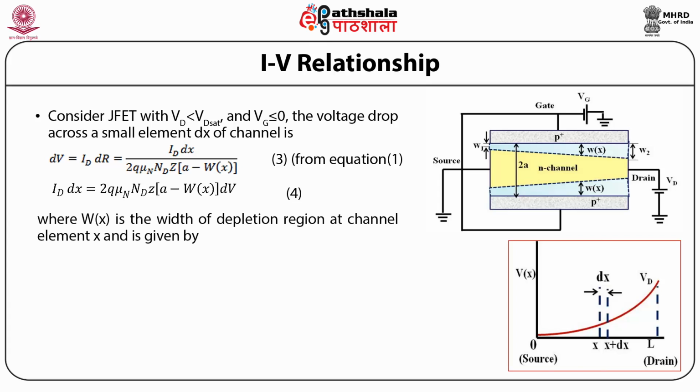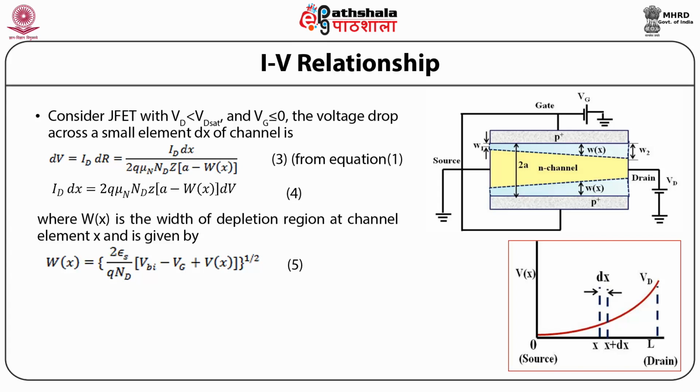Now here Wx is the width of the depletion region, as shown in the above figure, at the channel element x, and it is given by Wx equal to 2 epsilon s by q nd multiplied by Vbi minus Vg plus Vx, the whole to the power 1 by 2.